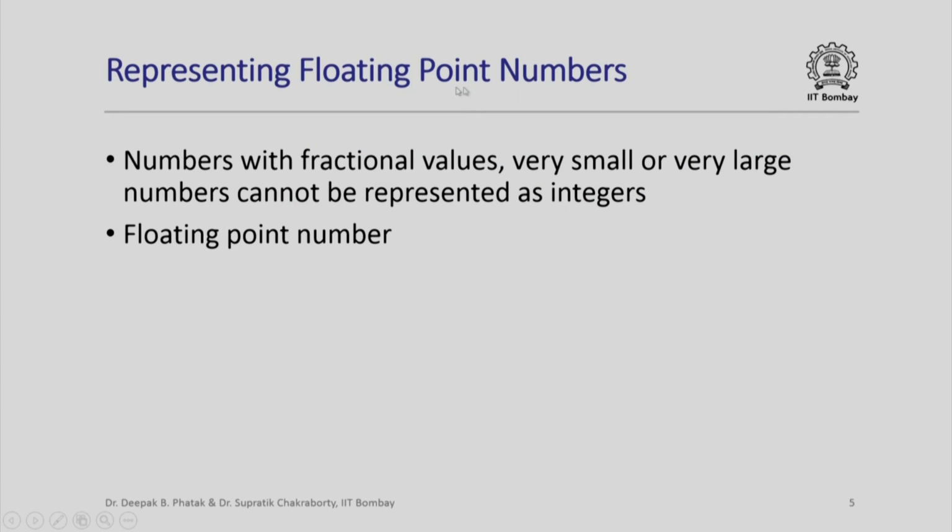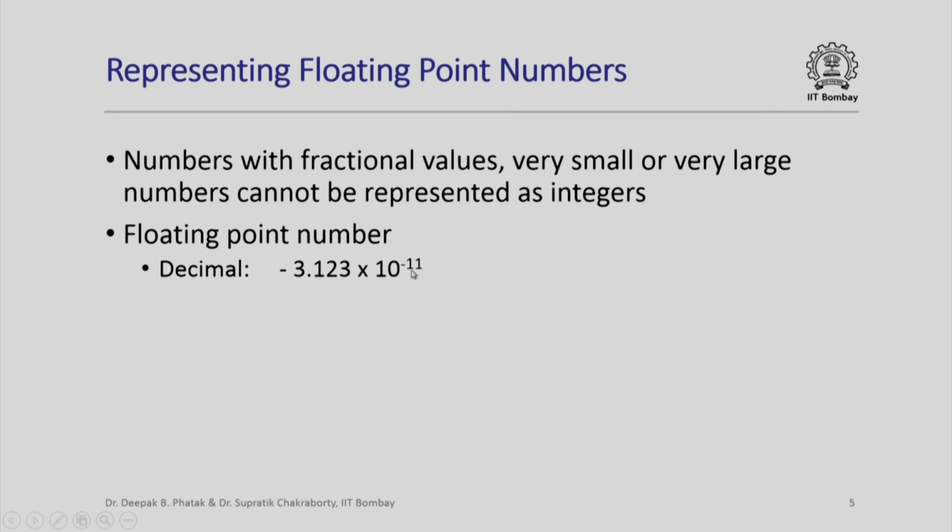So these are called floating point numbers, numbers with fractional values, very small numbers or very large numbers that cannot be represented as integers. And what we are going to study today is, when we write a number like this, how is it that we can represent it in a computer using a sequence of zeros and ones.